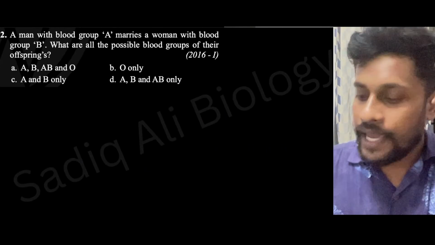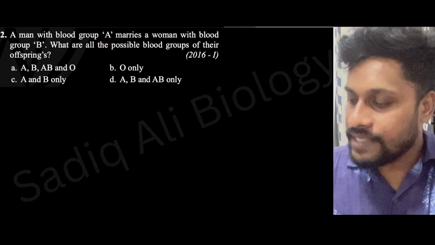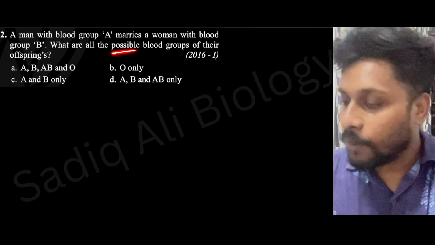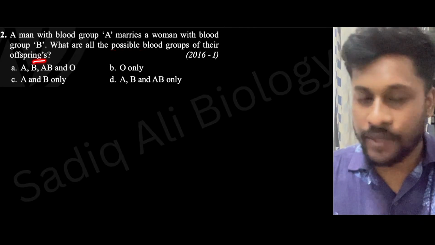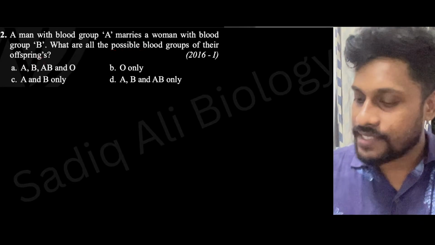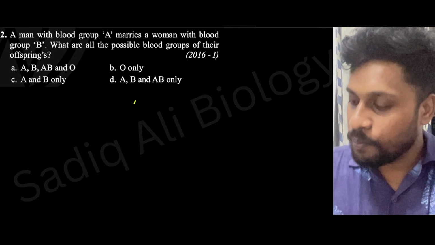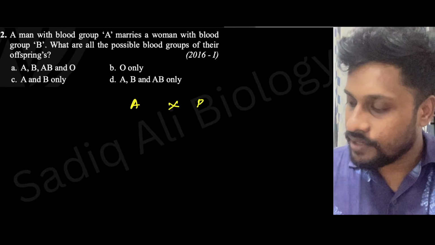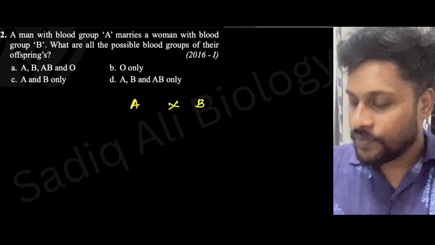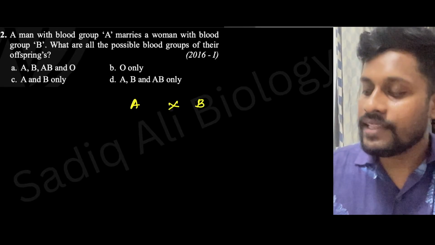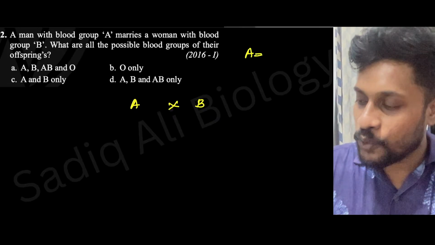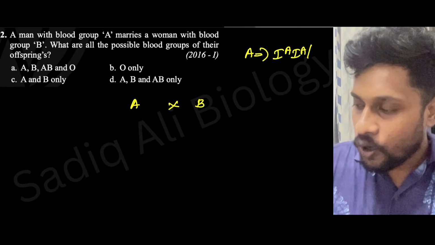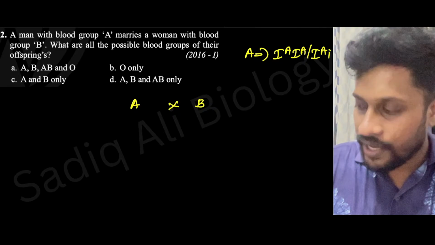Now, a man with blood group A marries a woman with blood group B. What are all possible blood groups of their offspring or children? When I say A blood group, there are two possibilities: IA IA or IA small i.